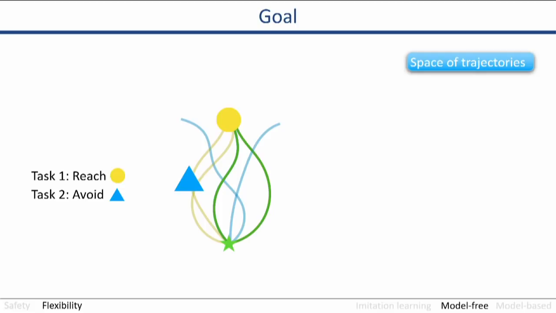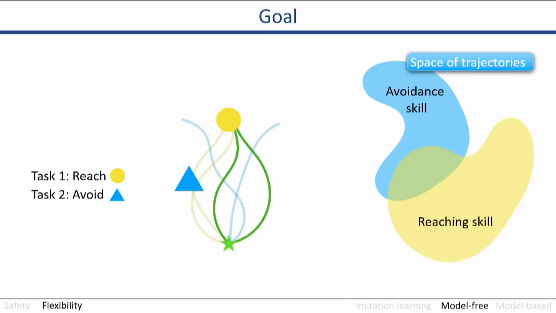So given the space of trajectories, this is, I guess, the space of all possible good avoidance skills. This is the space of all good reaching skills. And the intersection is what will accomplish both of them. So the goal of this work is how can we take policies learned for individual tasks and combine them to get a policy that will accomplish the joint of the tasks.